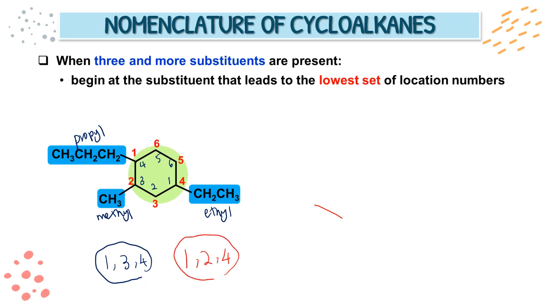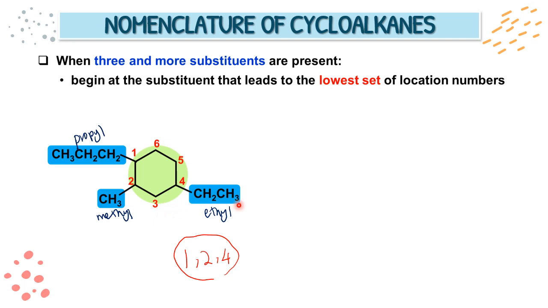Between these two, which one is lower? 1, 2, 4. That is why we did not choose the blue 1, 3, 4. So it will be as stated in the picture: 1 propyl, 2 methyl, and 4 ethyl.